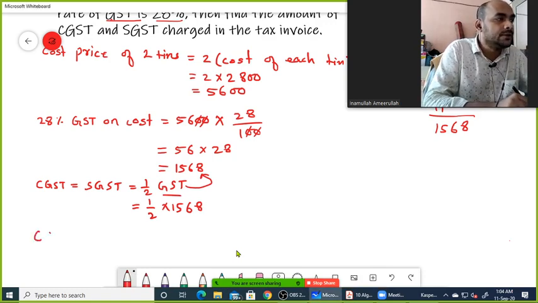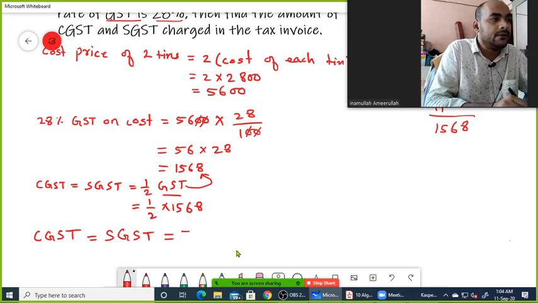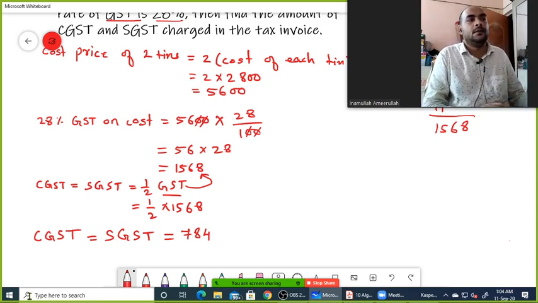So this way CGST and SGST each is 784. 784 for CGST and 784 for SGST.